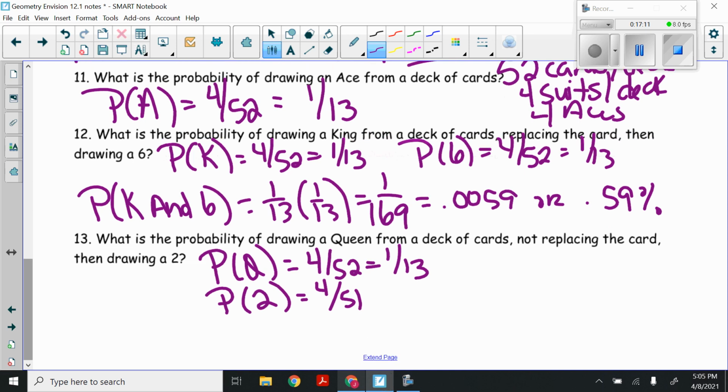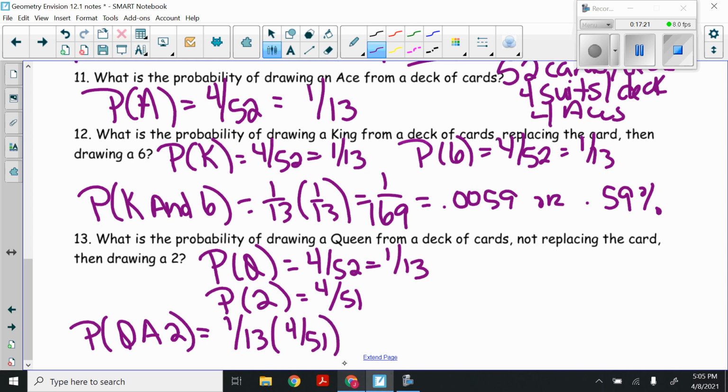So the probability of a queen and a 2 gets me 1/13 times 4/51, because it's and, so I multiply, and I get 4 out of 663, which is 0.006, or 0.6%.